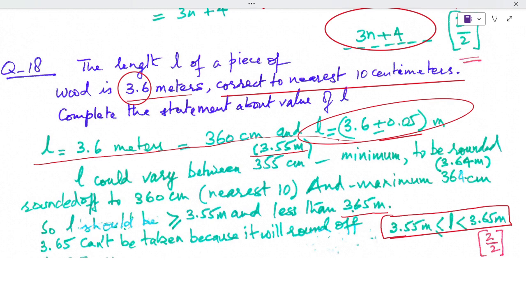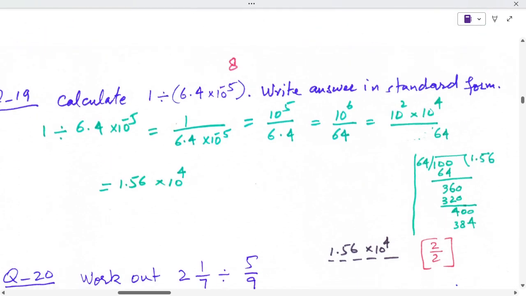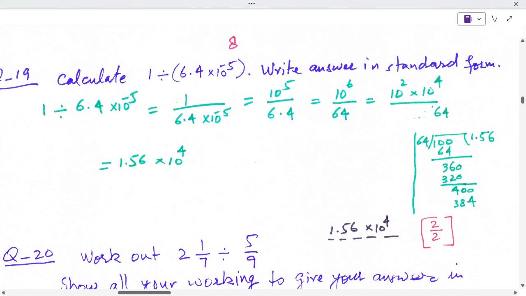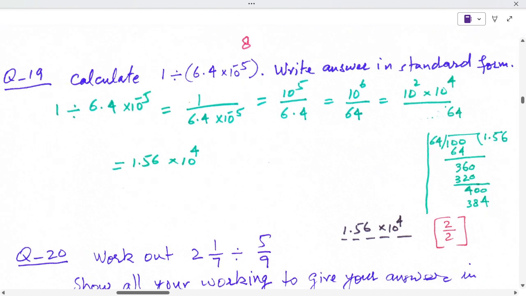Question 19 reads, calculate 1 divided by bracket 6.4 into 10 power minus 5, bracket close. Write answer in standard form. In standard form, you already know that we have to write it down with proper decimal places and proper power of 10 as well.